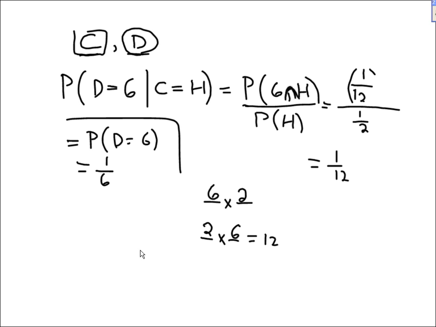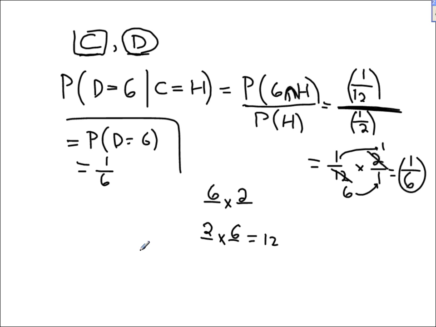Keep the numerator the same. Change division to multiplication and flip over the bottom. 2 over 1. 2 goes into the top number and the bottom number 1 time and 6 times. 1 times 1, 6 times 1. It's a sixth. We got the same answer as we did before.